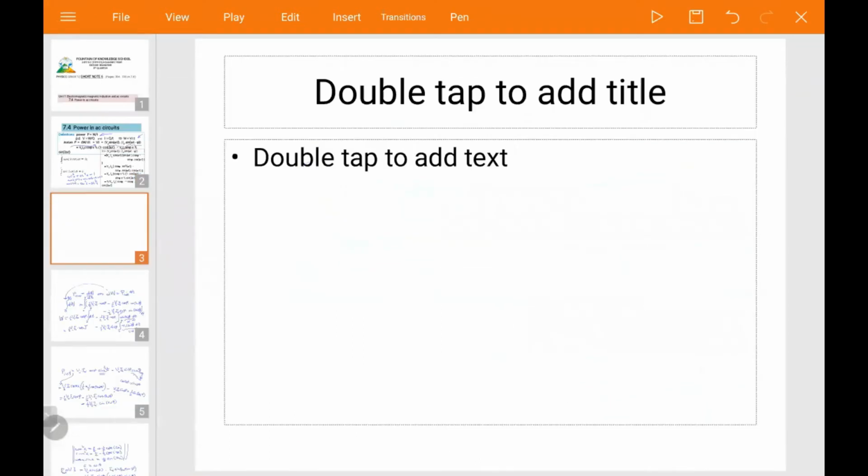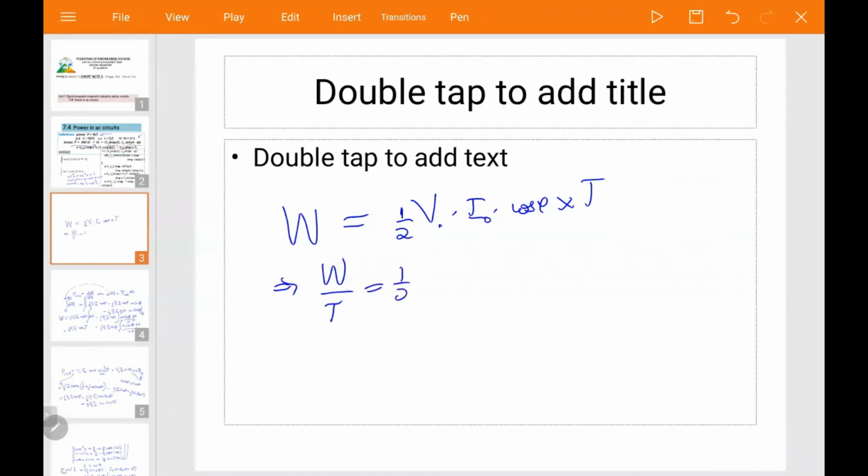and convince you of something. So work, or the energy consumed, is equal to a half V0 I0 cos phi times capital letter T. I'll take T to the other side and divide by T. So you get energy divided by time. That gives you a half V0 I0 cos phi.